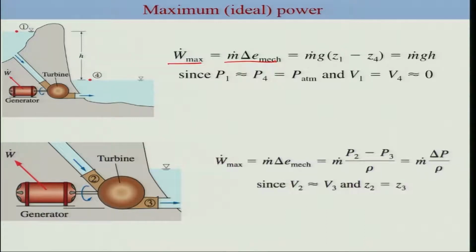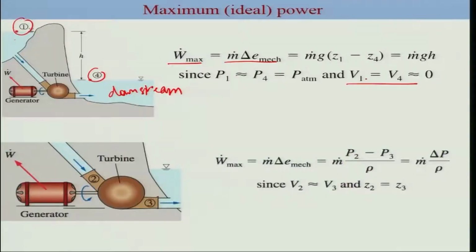Now there are two cases we are going to consider. One is here where we are considering points 1 and 4, which are upstream and downstream. The pressure here we are going to assume to be the same, the elevation difference is not so much, so it will be almost close to atmospheric pressure.